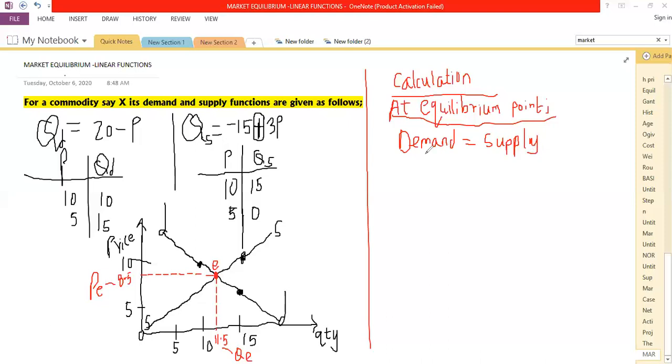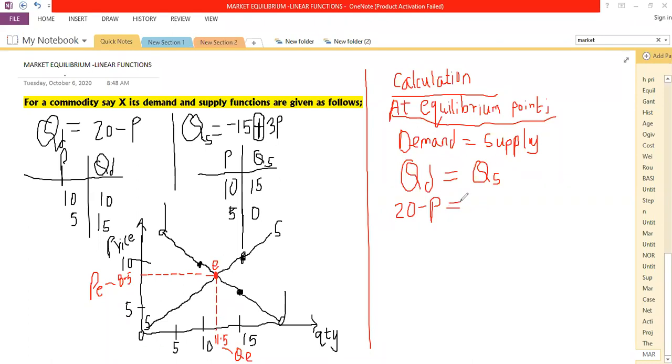So you take your demand function, the QD function, and you equate it to the supply function, the QS. Then, of course, you bring the right equations for the two functions. 20 minus P is our quantity demanded.